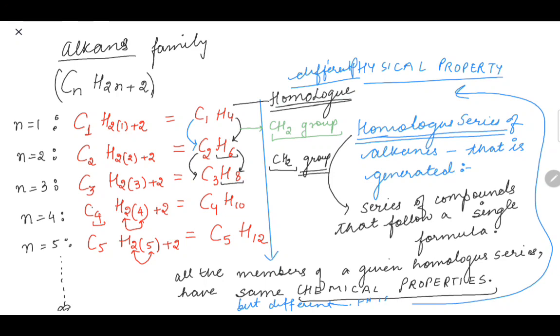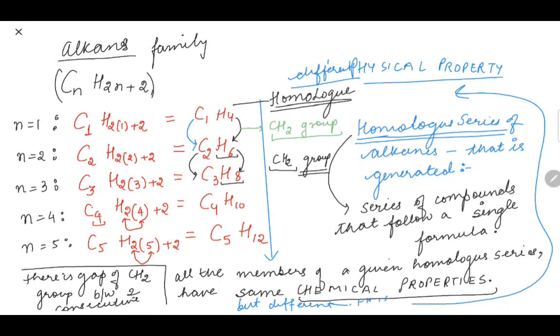Okay, so what do we say? That between every two consecutive homologues, there is a gap of a CH2 group. Between two consecutive members of the series, there is a gap of a CH2 group.